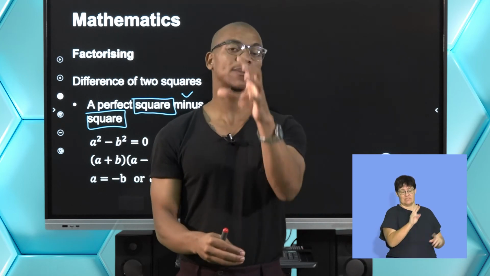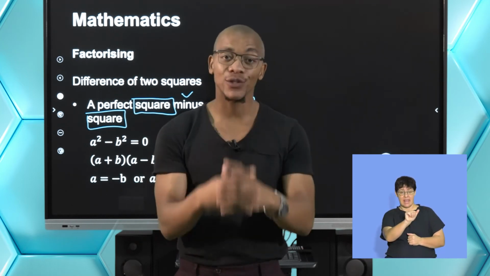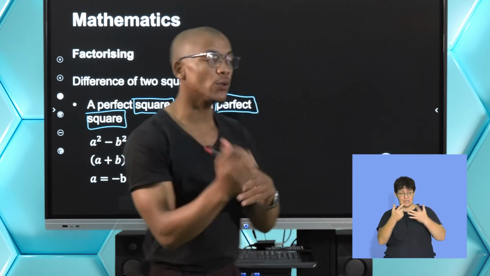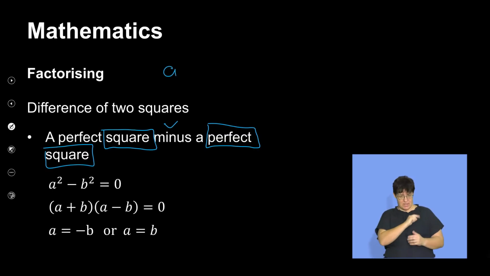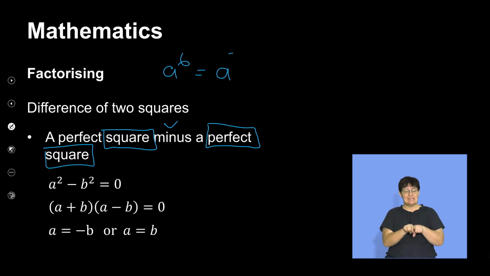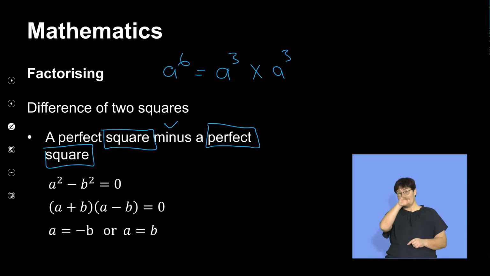A to the exponent of 6 is a perfect square. Why? Let me show you. So, a to the exponent 6 is the same as a to the exponent of 3 multiplied by a to the exponent of 3. Why? Because if I multiply these two, I will need to add the exponents, which will be 3 plus 3, and it will then give me 6.